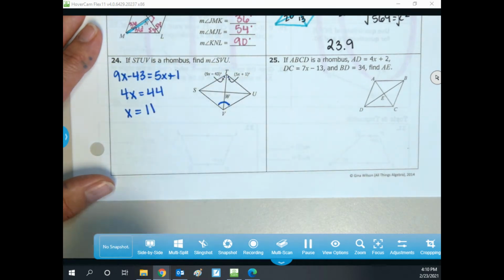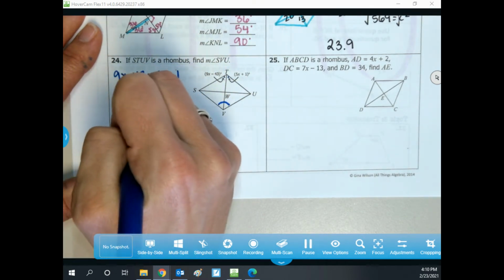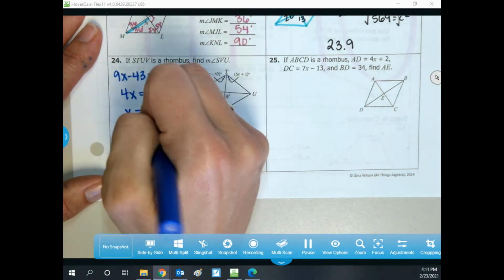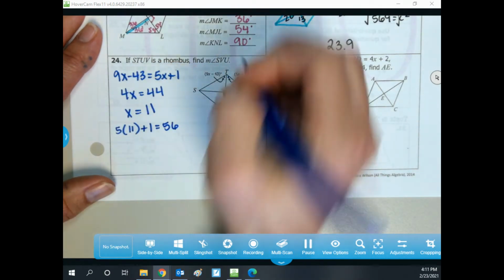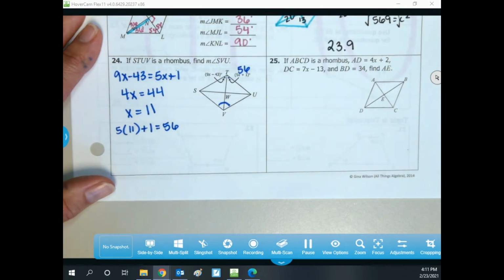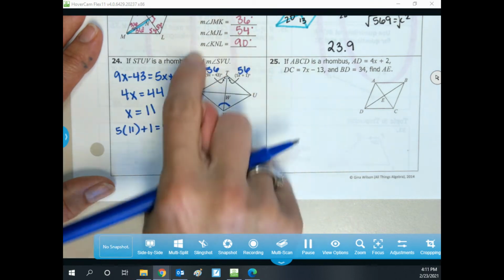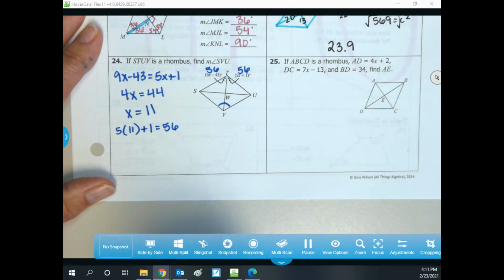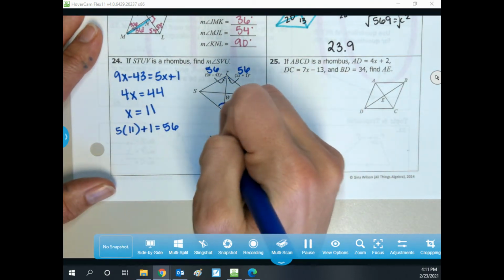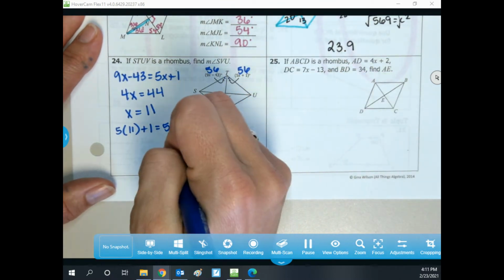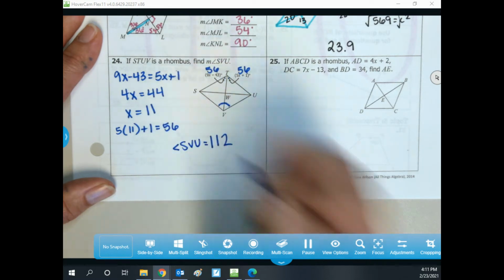Plug that back in. 5 times 11 plus 1 gives us 55 plus 1, which is 56. So if this piece is 56, that means that this piece is 56, which means the whole thing together is 56 plus 56, which is 112 degrees. And if that one is 112 degrees, then this one is also 112 degrees.